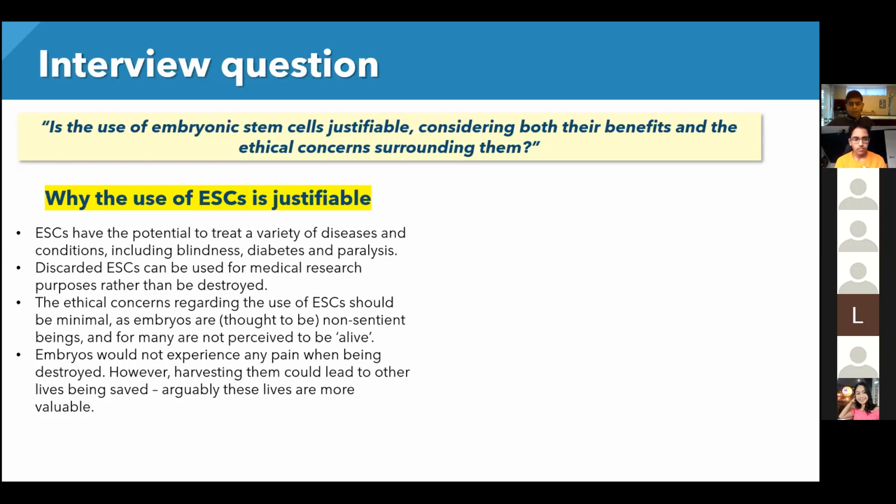Yeah, and I think the last point on the slide, about certain lives being more valuable than others, is quite an interesting and obviously controversial point to make, but it's something we have looked at throughout these sessions with different issues, like organ donation. Should someone who is older and perhaps going to die sooner, and perhaps has fewer family members, not be given the same treatments as people who are younger and have their whole life ahead of them?